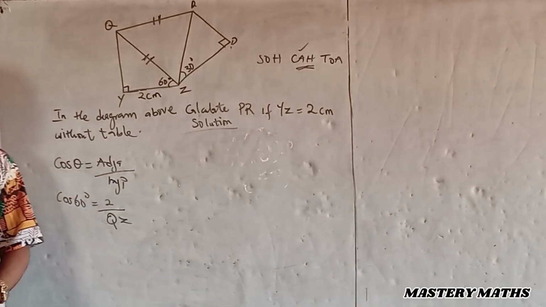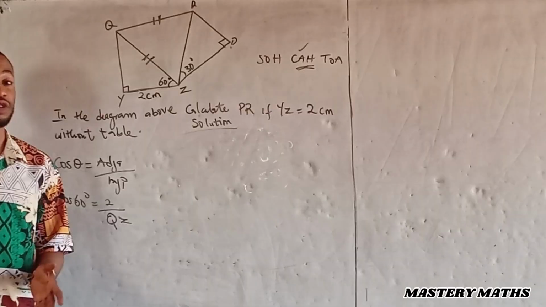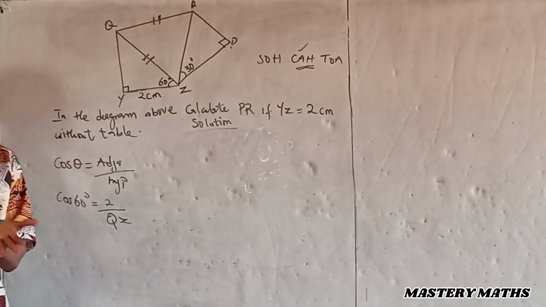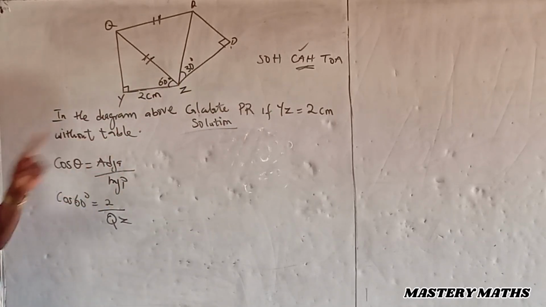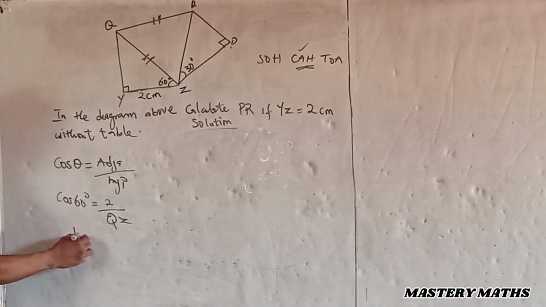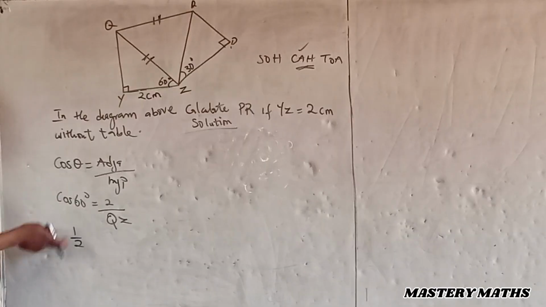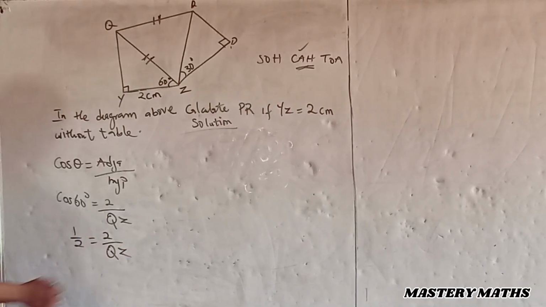We use the formula for special triangle, the special triangle trigonometry ratio, to solve this. In our special triangle, cos 60 is half, which means 1 over 2. Which gives us 0.5 equal to 2 over QZ.